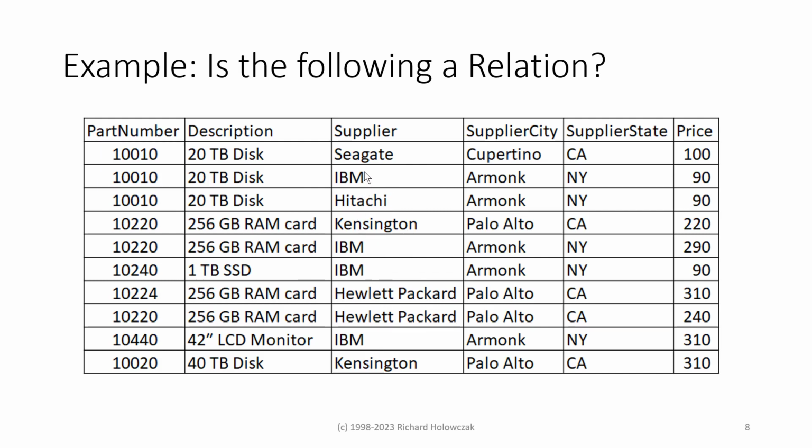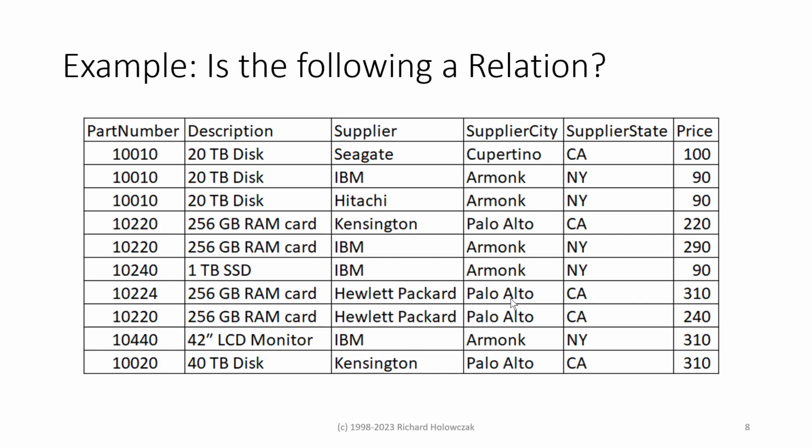The most important criteria in order to be a relation is that there can be no duplicate tuples, no duplicate rows here. So it may look like some of the data has some duplicates, but if you look across at all of the values, every one of these rows is going to be unique. There's something different when you go from one row to the next.